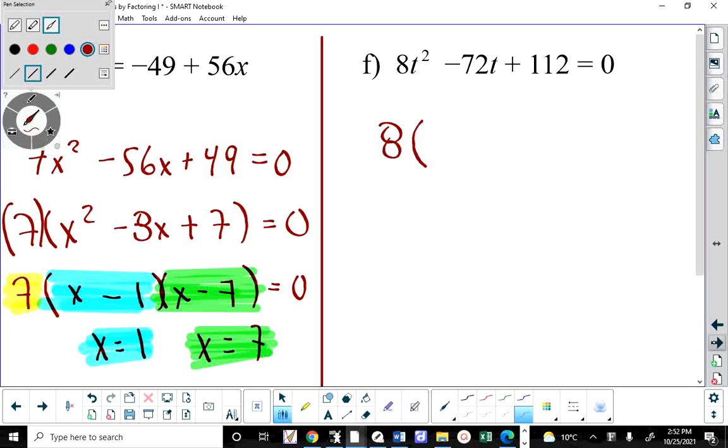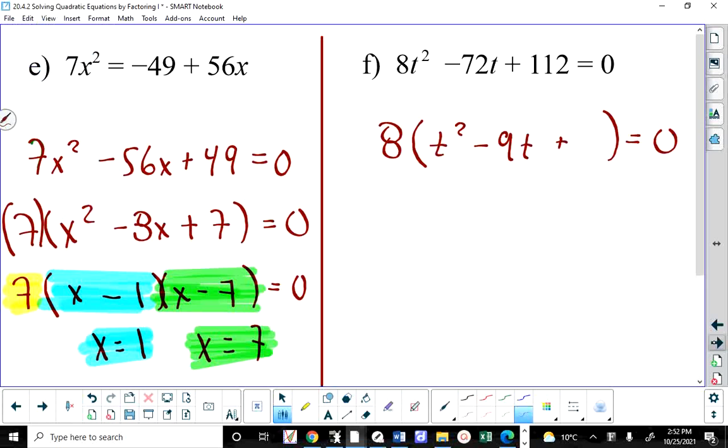Right? I think you know where this last one's going. You can use your calculator, of course, to factor that 8 out. It's going to be t squared minus 9t plus 14. Again, I'm not saying you have to be able to do it in your head. When you're getting to like 112, you probably want to even take your calculator and see if 112 divides by 8 to begin with. But it is 14.